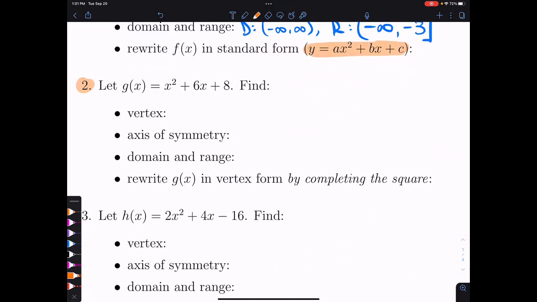So a is 1, b is 6, and c is 8. The sign goes with it if any of them are negative. But I want you to take a minute and find the vertex and the axis of symmetry and the domain and range. And then, maybe think about how we would reverse what we did a minute ago.